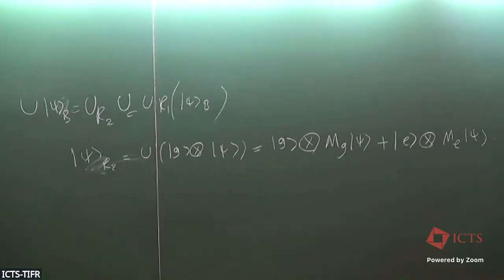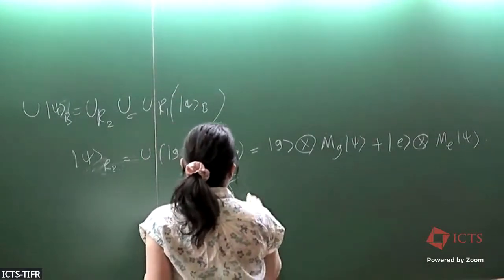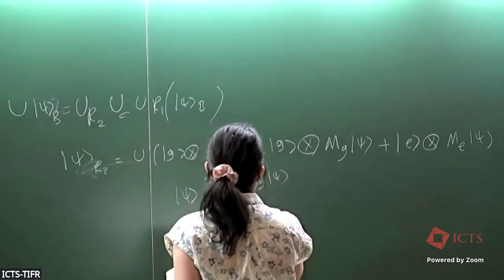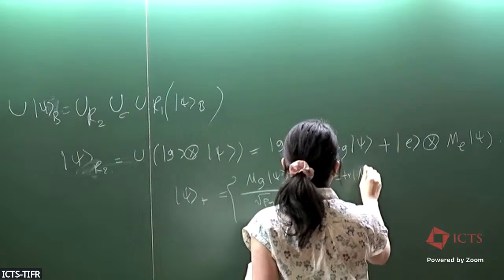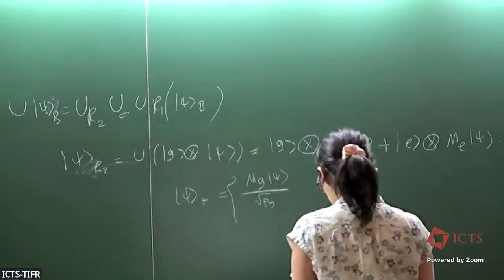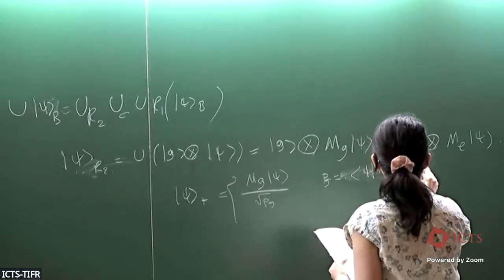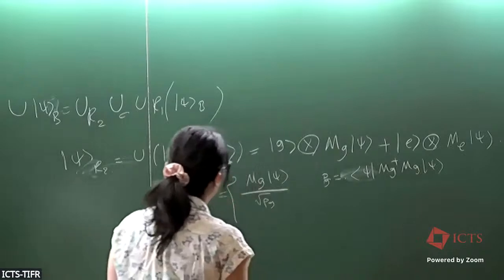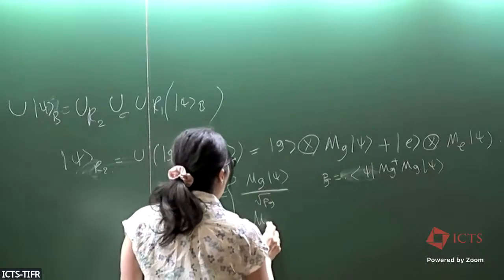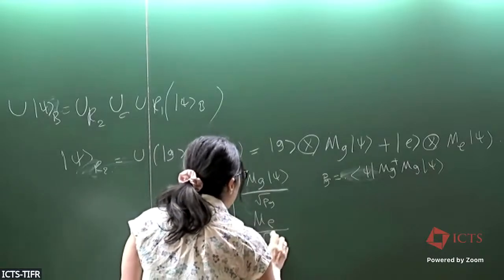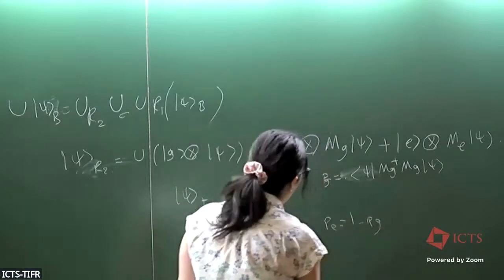So if you detect g, then psi plus is Mg psi over the square root of pg, where pg is the trace of psi dagger Mg dagger Mg psi. With this probability, you have your state after detection like this, or with probability 1 minus pg, you have this, okay?